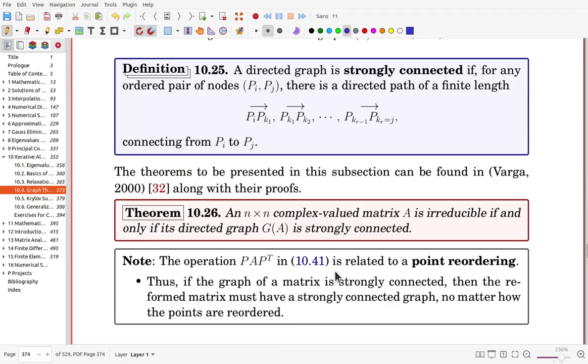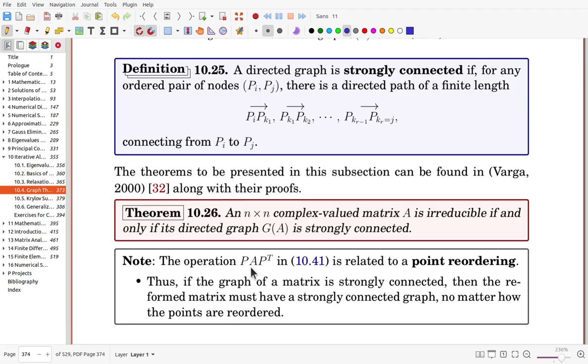I write down over there, this similarity operation is related to point reordering. Once you try to name the points a different way, then your corresponding algebraic system has a different form. However, that can be written as this similarity transformation.